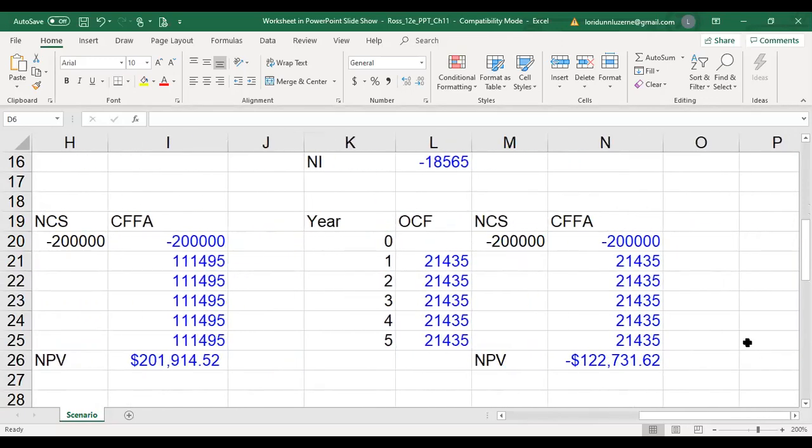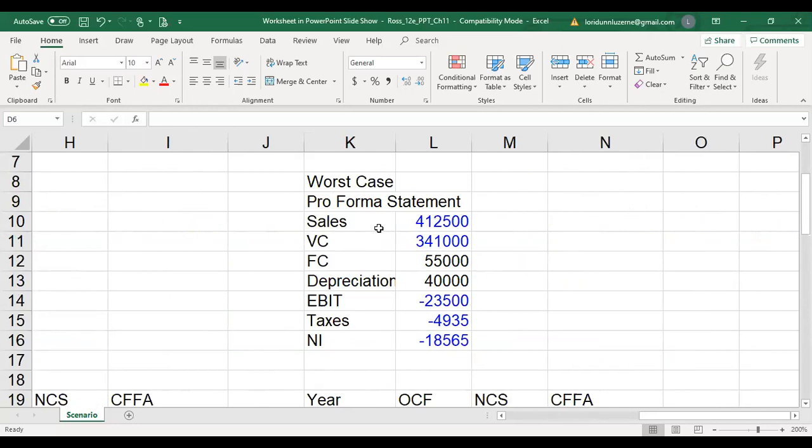Worst case, if our sales go down to 5,500 with the $75 selling price, then variable cost would be 5,500 times $62. Fixed costs were 55,000. Depreciation is still 40. Subtract your costs to get your earnings before income tax.